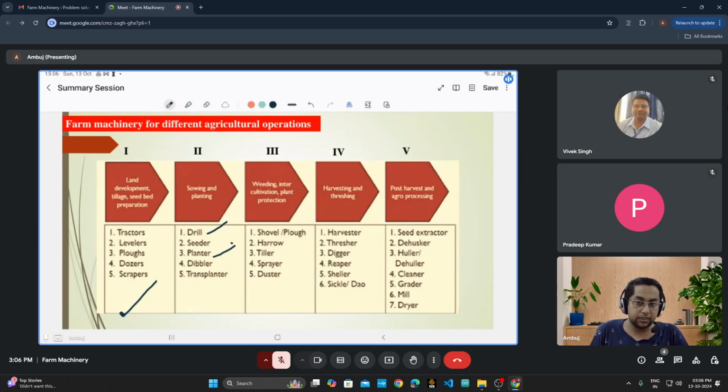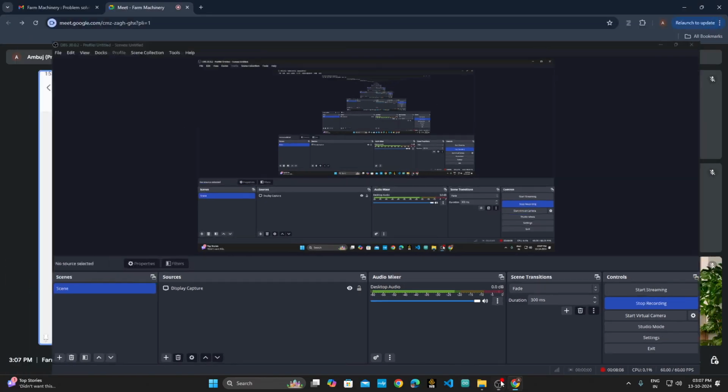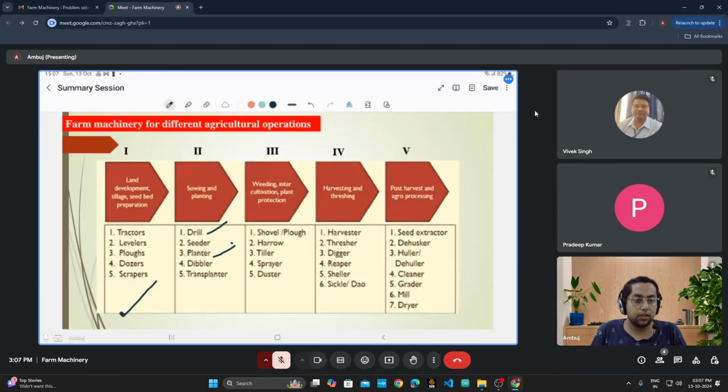The difference between drill and planter is that a seed drill takes care of the row to row spacing only, while the planter takes care of both row to row as well as plant to plant distance. The transplanter is an implement used for transplanting seedlings which are grown beforehand inside the nursery.